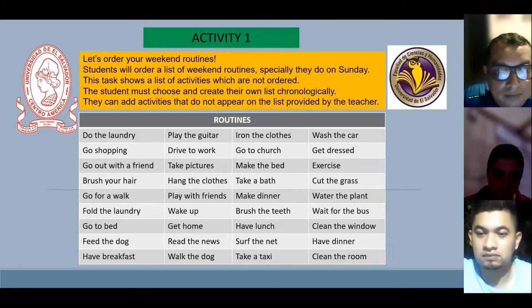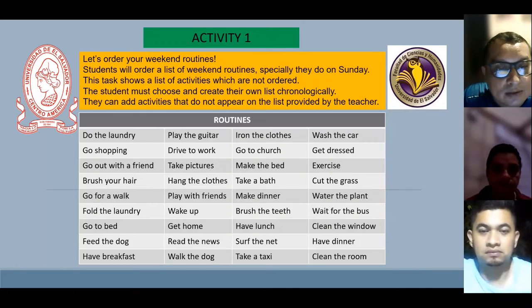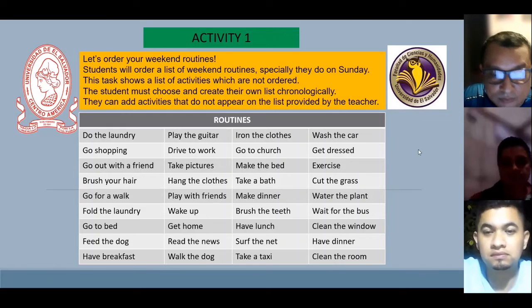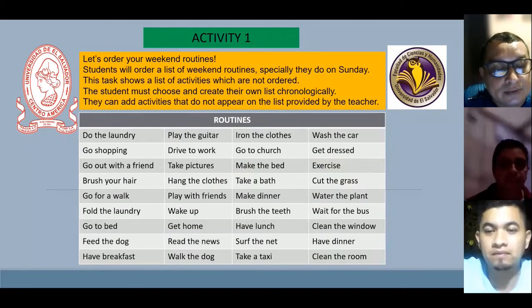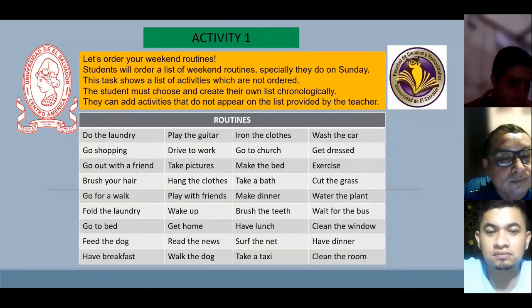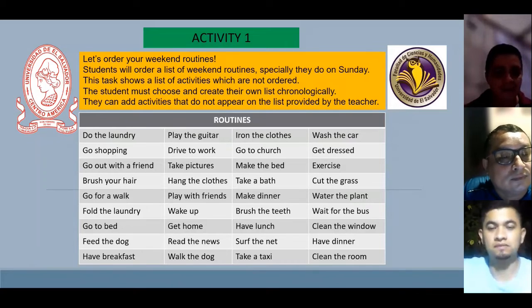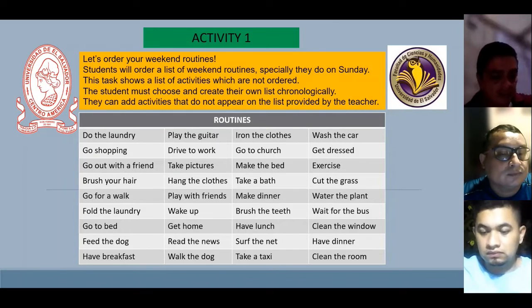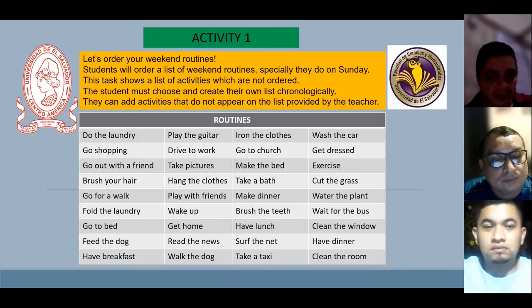If you have a problem with this activity, or if you need help, or you are ready to participate. I have some sentences already. For example, 7 a.m. on Sunday. Then I played guitar. Then I took a bath.